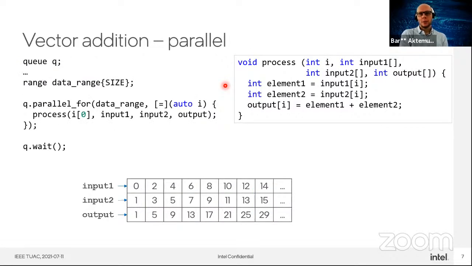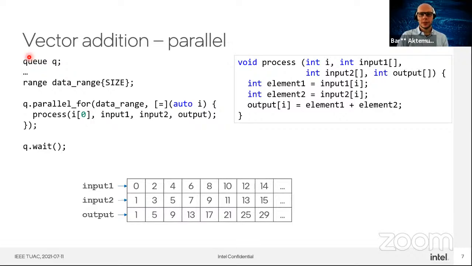Now here's how the same problem can be addressed by Data Parallel C++. In this case, the function that processes the elements is exactly the same, but the way that we use this function is different. First we create a queue.